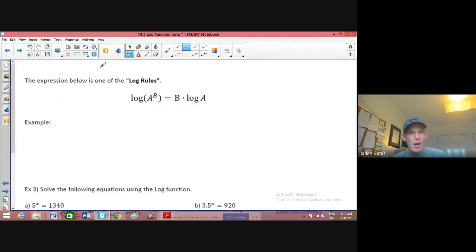Now, all about the log rules. Again, the log function is something you would specialize in if you took advanced functions, because there are several log rules. There's a bunch of them. There's like 10 of them, I think, somewhere in there. But we need one of the log rules, and here it is. The log of a to the power of b is equal to b times the log of a.